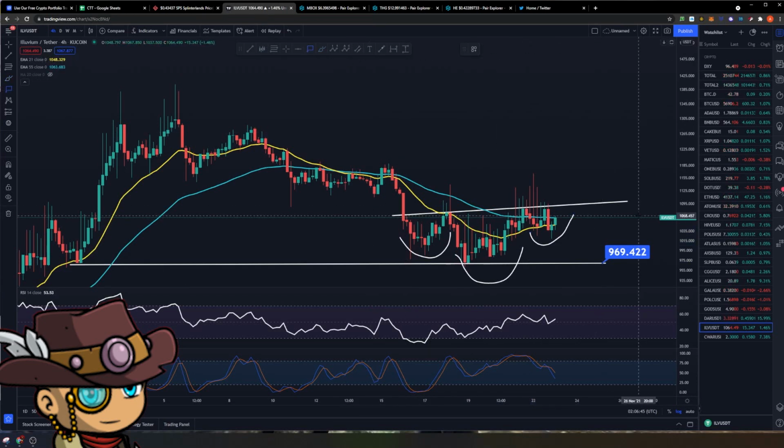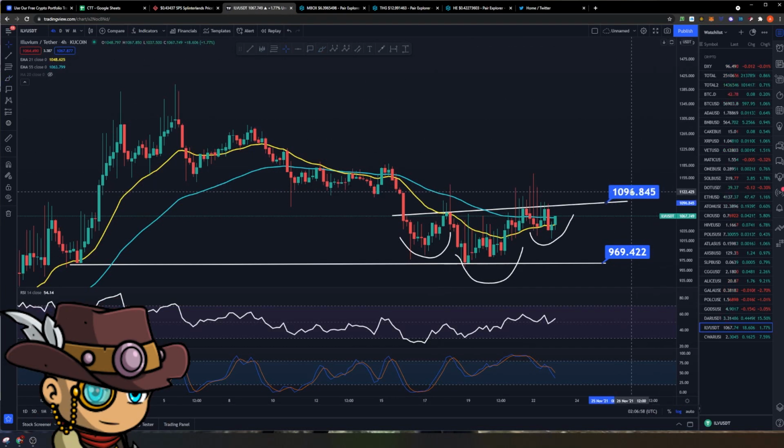Now, the problem again with Illuvium is this structure is only bullish if we break this neckline right here. The problem with this neckline is it's slanted. So as it takes longer and longer to break it, the higher the price needs to be in order to break this particular pattern.